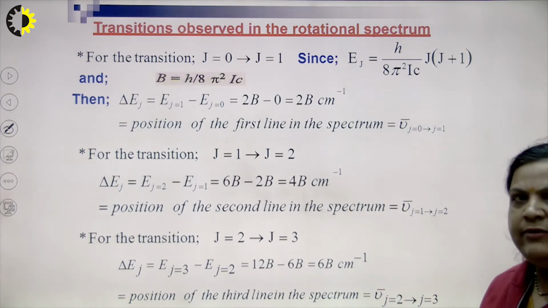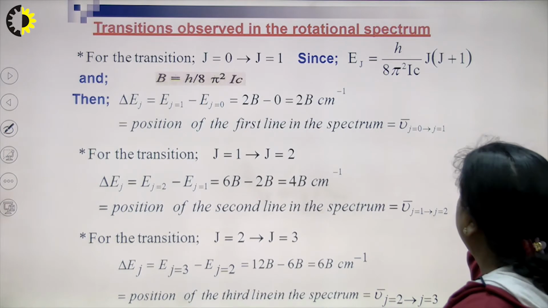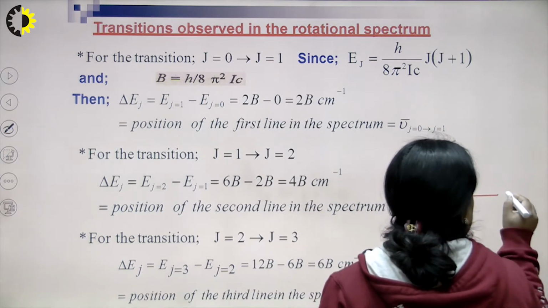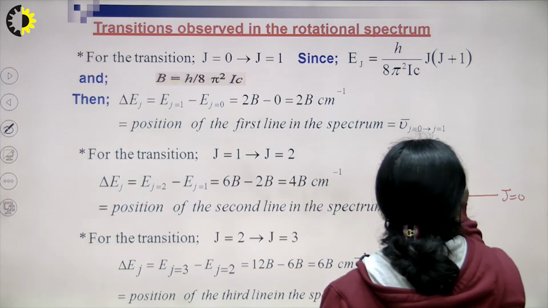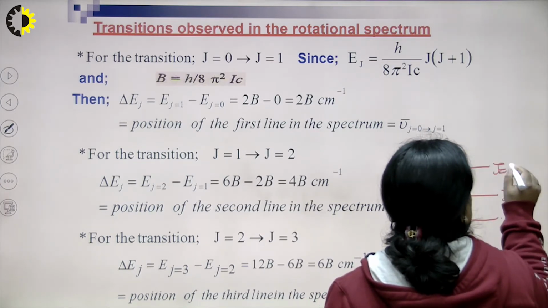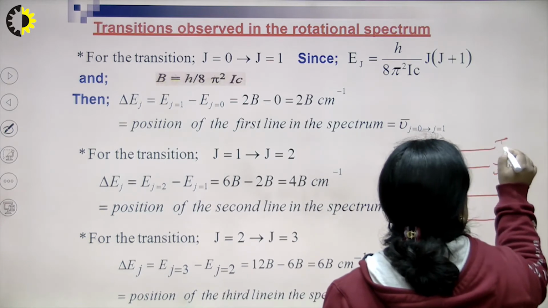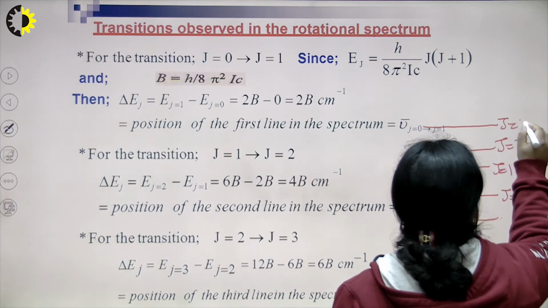from this derivation. If we want to calculate energy, suppose these are the energy levels J0, J1, J2, J3, like this.